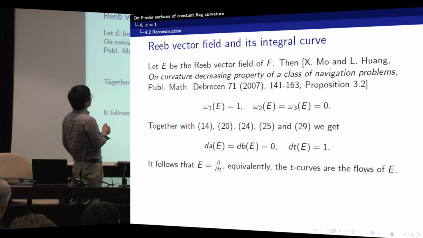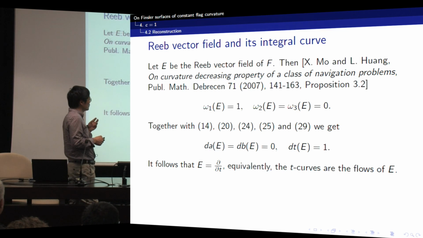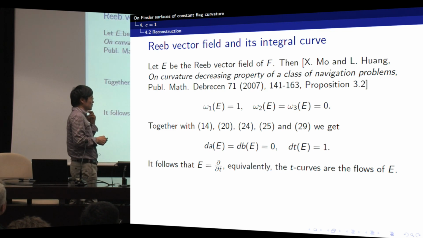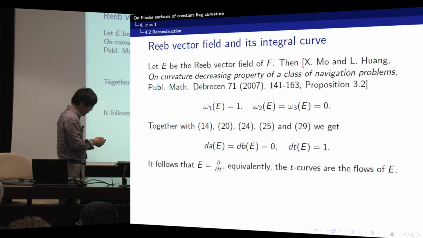Now we discuss some reconstruction. Reconstruction means if we take the arbitrary constants R and S, we reconstruct a Finsler surface which has constant curvature 1 and a two-dimensional isometric group. Now we begin.